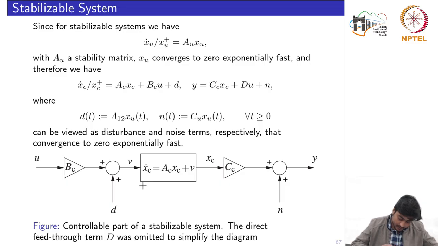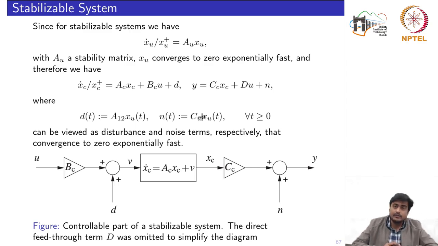And this is the block diagram representation of the controllable state, where this is your uncontrollable state, and again the uncontrollable state with the output matrix. Okay.